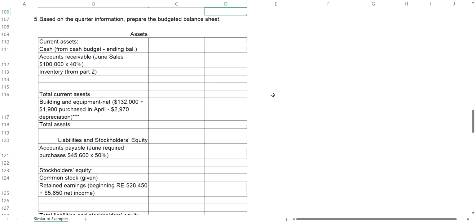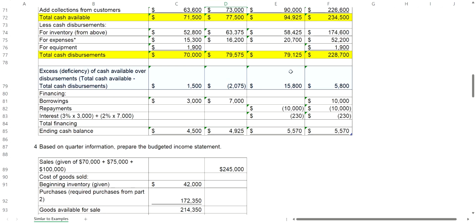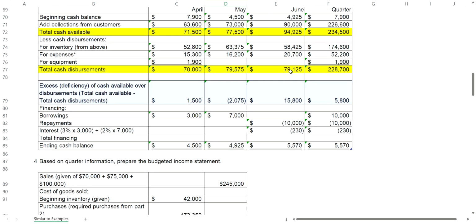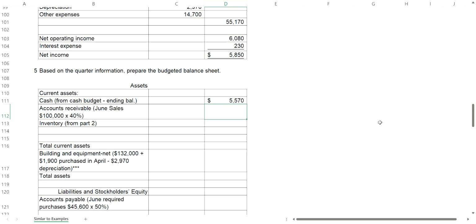Next, I want to do a balance sheet, and this budgeted balance sheet will be as of June 30th. Okay, so let's start with our assets. Start with cash. So the cash balance on June 30th, if you go back to your cash budget that we did here, the ending balance at the end of the quarter on June 30th was $5,570.